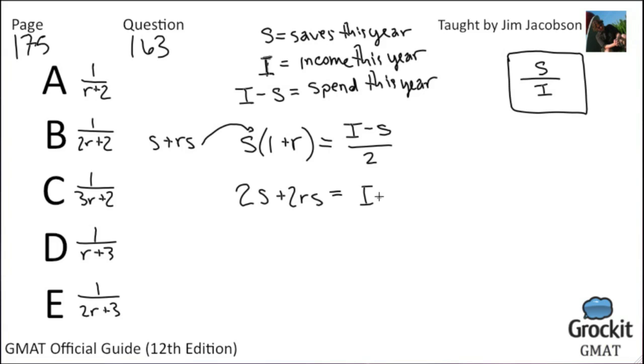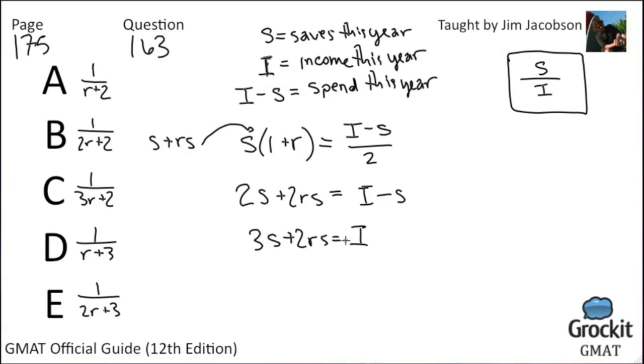And then we have I minus S over here. Let's add S to both sides. So we end up with 3S plus 2RS equals I.